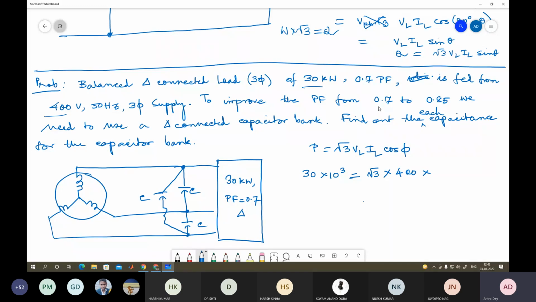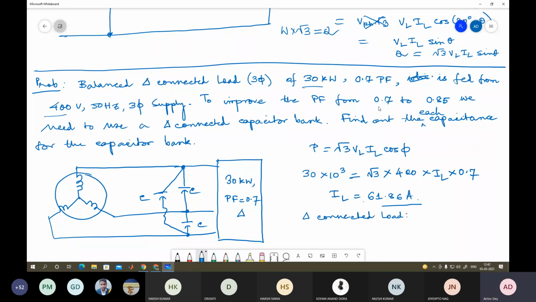IL we need to calculate. What is your cos phi? That is equal to 0.7. So you can calculate IL, which is the line current, and that comes out to be 61.86 ampere.